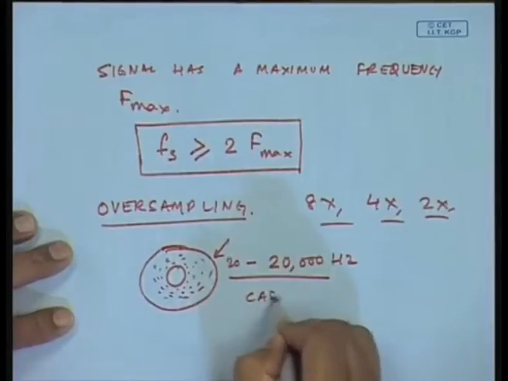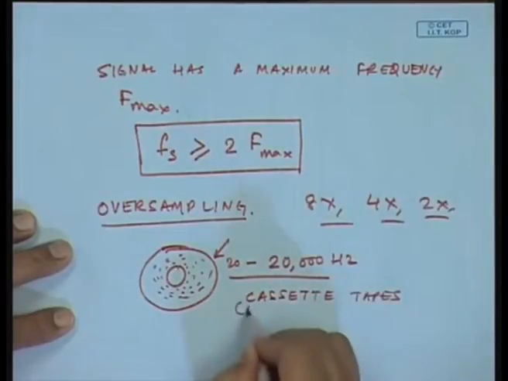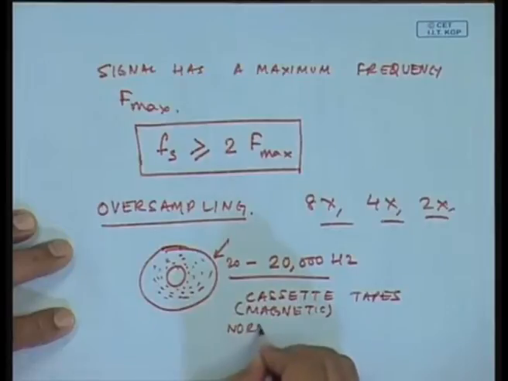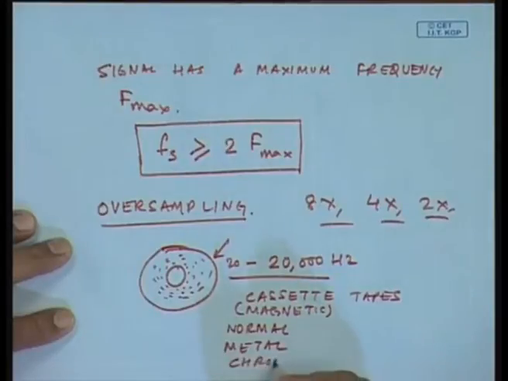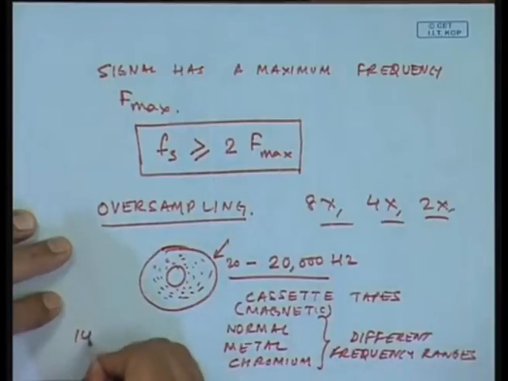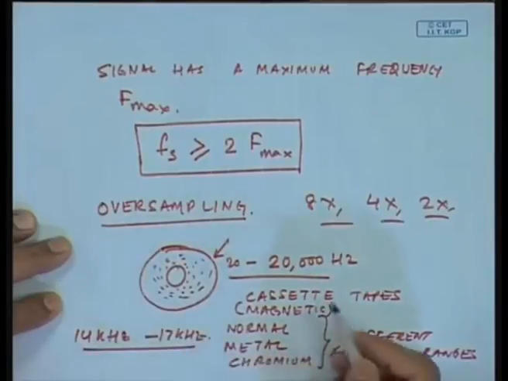The full frequency range of the audio signal is reproduced in a CD, as opposed to the earlier tape. You must have seen there used to be cassette tapes, or magnetic is the right word, wherein you had normal bias, metal bias, I do not know if you recall that, chromium bias, etc. They all had different frequency ranges, and typically they were anywhere from 14 kilohertz to about 17 kilohertz, metal being the highest.